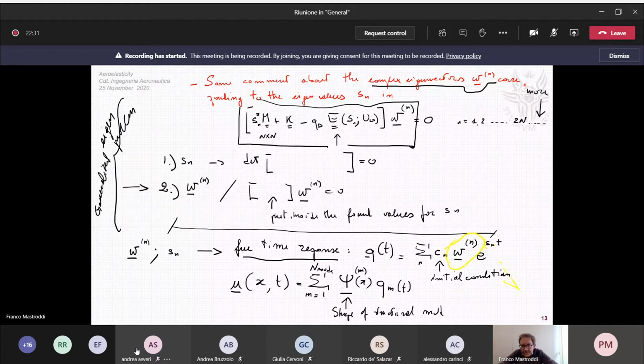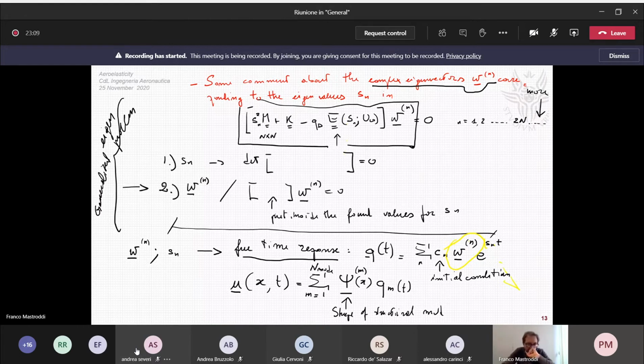This free response is represented by the variable Q, which are the modal coordinates. So we have introduced modal coordinates in structural dynamics, but in that motion representation by modal coordinates, we have also considered the contribution of the coupling with the aerodynamics by solving our critical equation here.